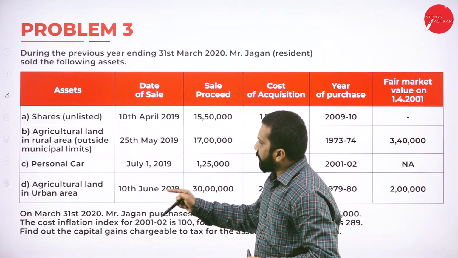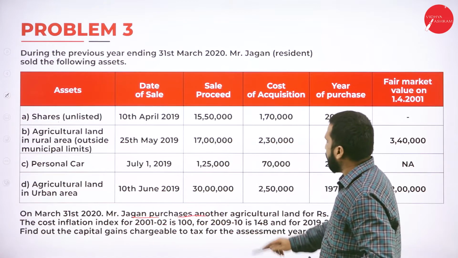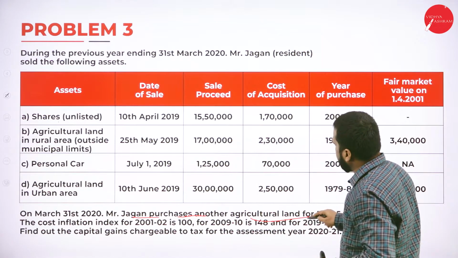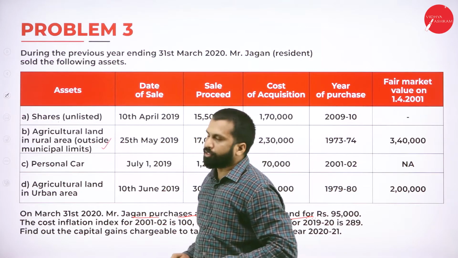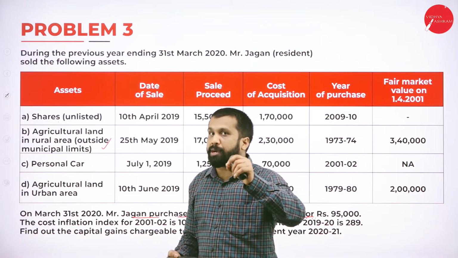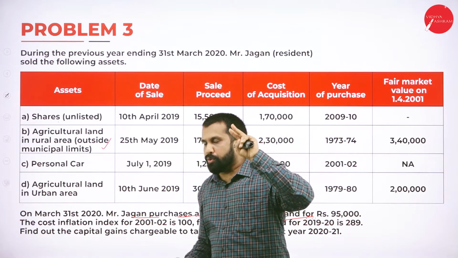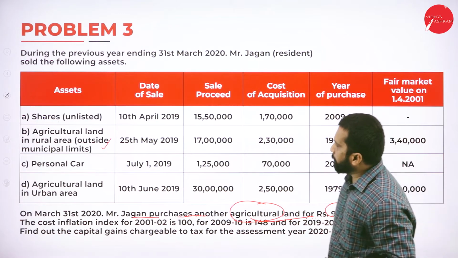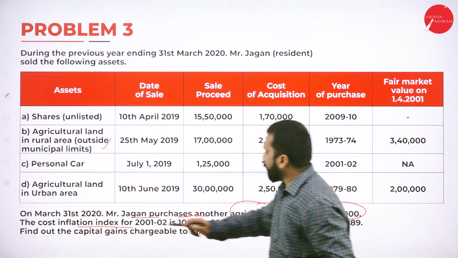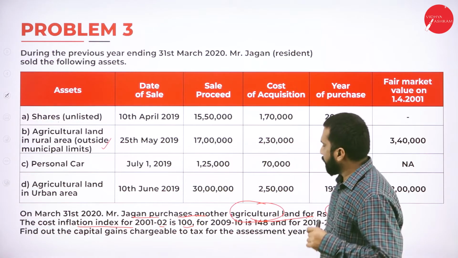Now, on March 31st, 2020, Mr. Jagan purchases another agricultural land. This will help you with agriculture. Later we will see which section is applicable for agriculture; we have discussed it in session 2. Remember, for rupees 95,000, the cost inflation index for 2001-2002 is 100.